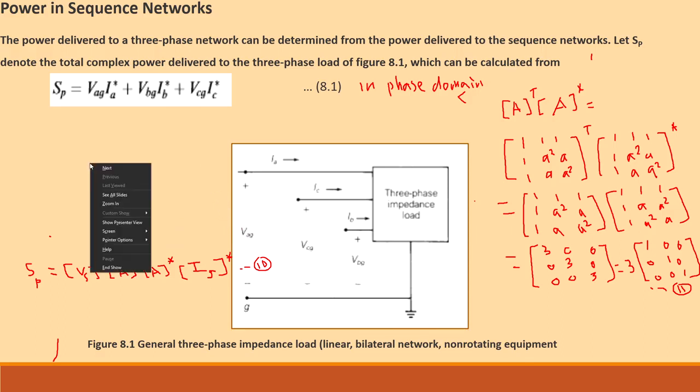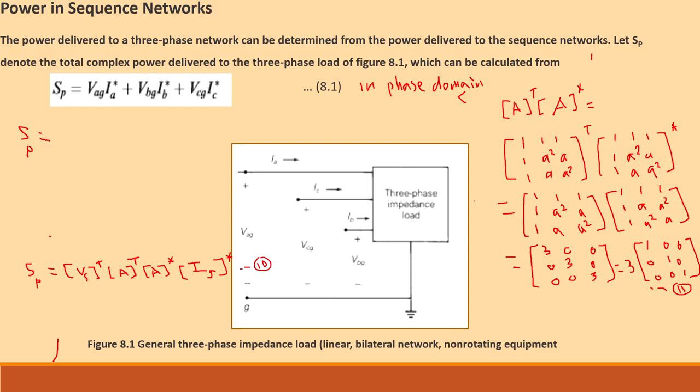S transpose this value, and instead of the product of the two matrices A transpose A conjugate, we substitute equation number 11.